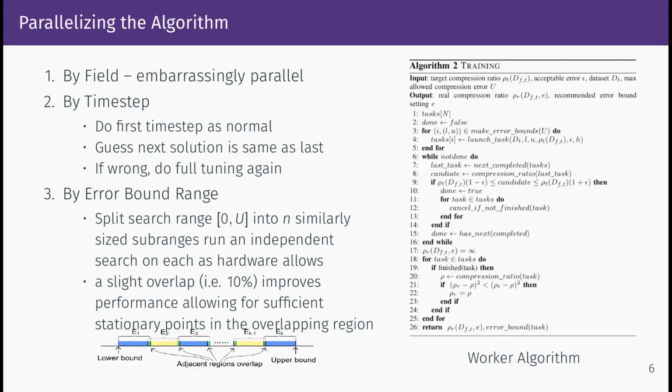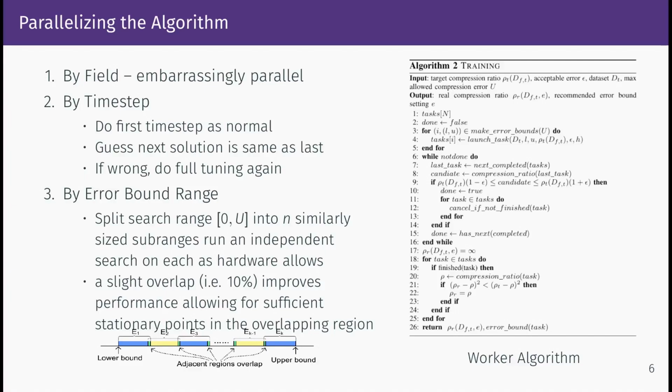From our experience, a slight overlap between these regions, approximately 10% of the width of the regions, substantially improves the performance, allowing for essentially additional stationary points that the algorithm can use for finding the trend of the compressor error bound to compressor compression ratio relationship more clearly near the boundaries.